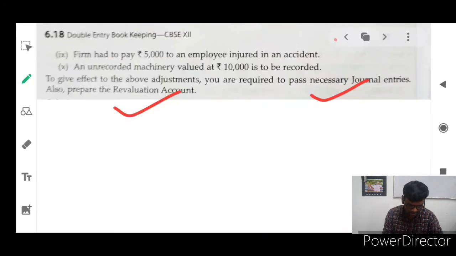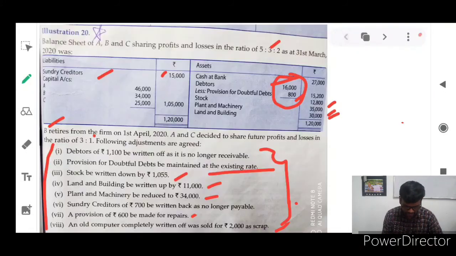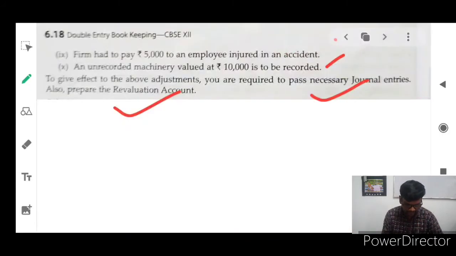And the last adjustment is that an unrecorded machinery value of rupees 10,000 is to be recorded. So the machinery value is unrecorded. Look at this. Here plant and machinery they have given 35,000 as per our existing balance sheet. In the previous year's balance sheet, the plant and machinery is 35,000. But now in the additional information they have given unrecorded machinery, which they failed to record.